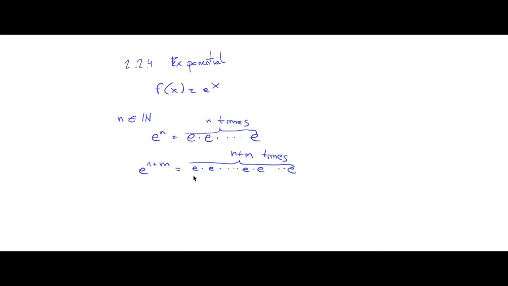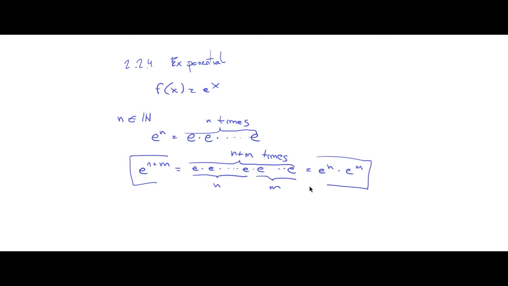But then we can take the first n and the second m factors and separate them. The first part is e to the n, and the second part is e to the m. So we've arrived at a very interesting property: e to the n plus m is equal to e to the n times e to the m.